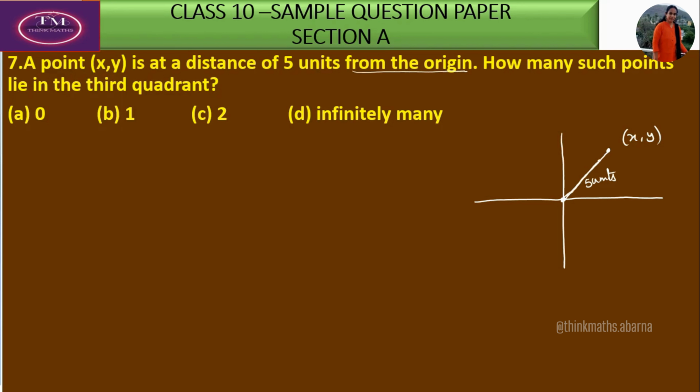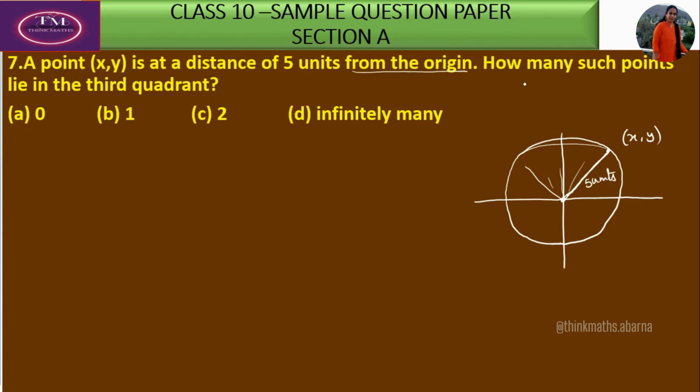So from the origin, points which are at 5 units distance, if we draw so many points and join them, we will get a circle shape.